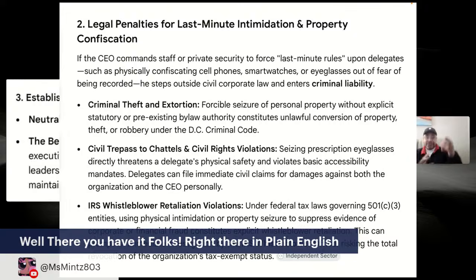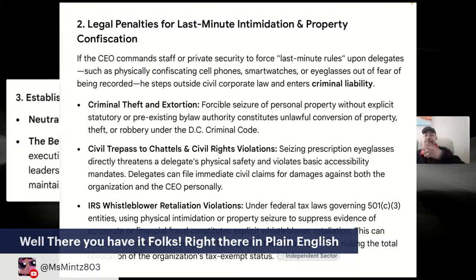If they force last-minute rules upon delegates, such as physically confiscating cell phones or smartwatches or eyeglasses out of fear of being recorded, then he's stepping outside of civil corporate law and now entering into criminal liability. This is why I was saying they cannot use these rules that they implemented last year, because that last year was illegal.